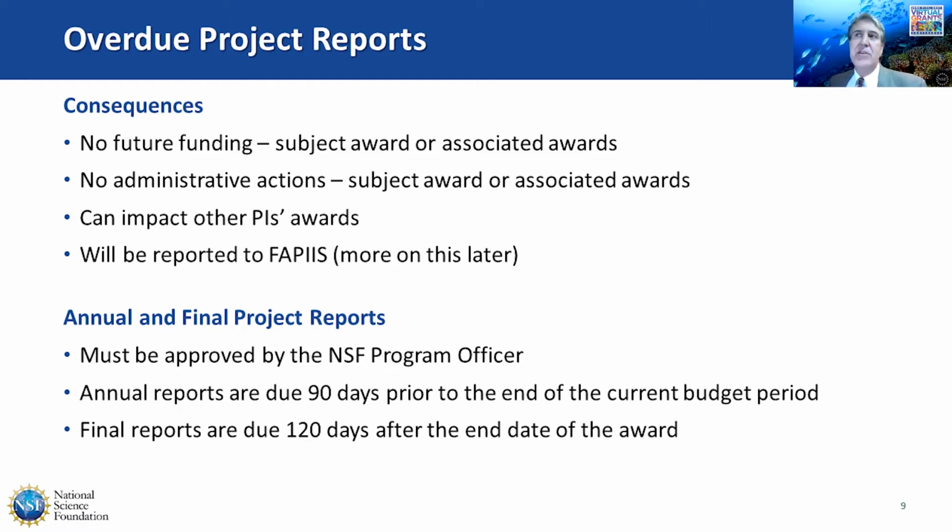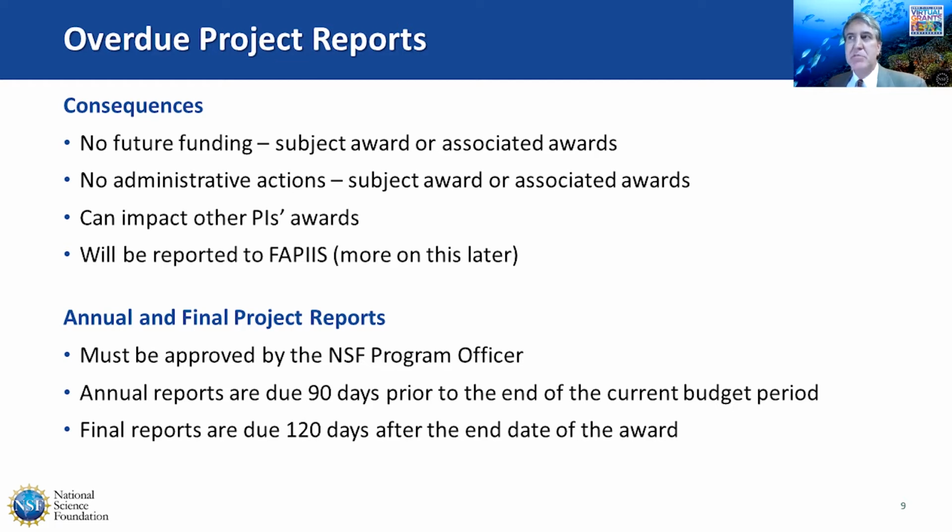In terms of the annual and final project reports, they are approved by the program officer, so the submission of the report really isn't the final piece. The PIs have to submit the reports, but the POs have to approve those, and it's the approval that basically clears our system.